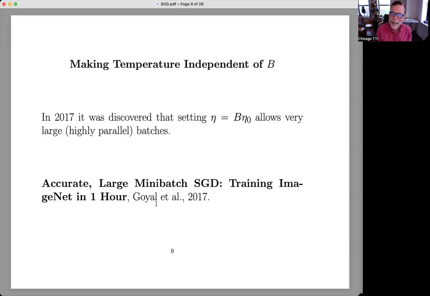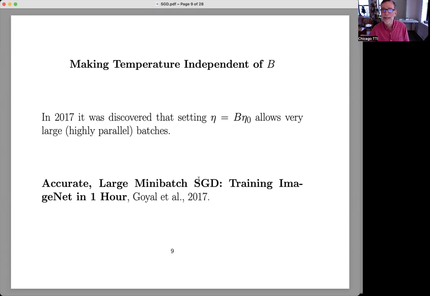Now, there was a very famous paper, well, it was famous at the time, in 2017. They discovered that if I scaled the learning rate with the batch size, so take the Vanilla SGD learning rate to be the batch size times some base learning rate, then you can run at very large batches. The reason this works is that by making your learning rate a function of the batch size, you're maintaining the same temperature schedule independent of the batch size.